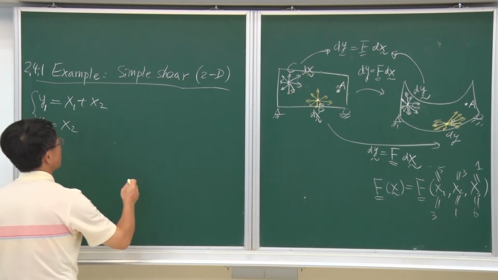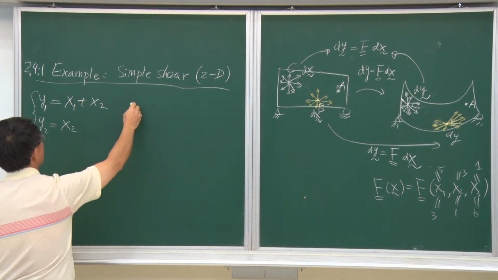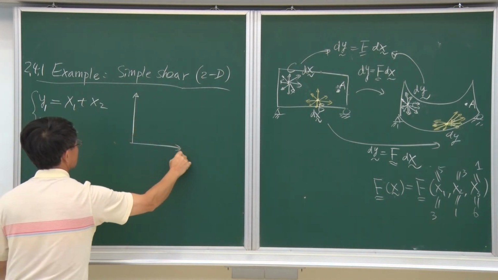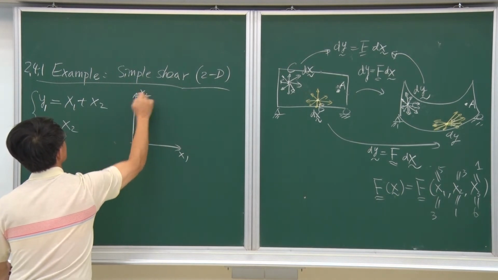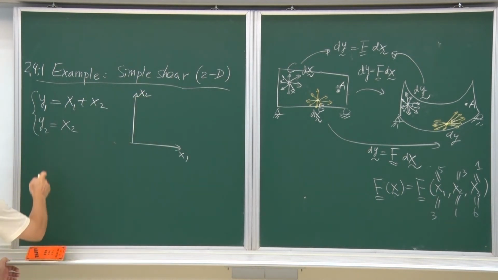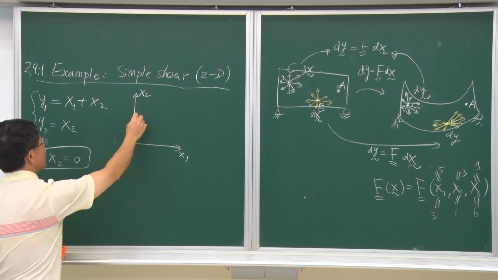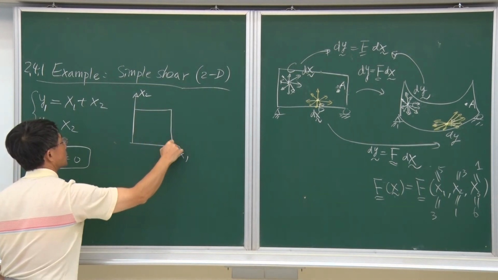What will the deformation look like? Let's look at x2 equals 0. What do I mean?